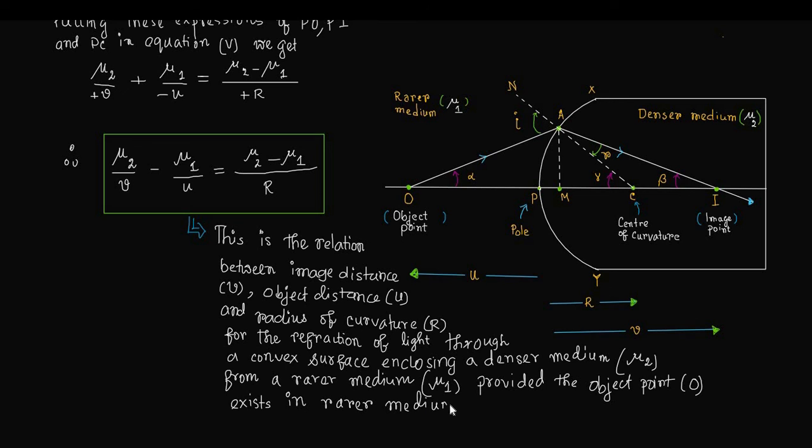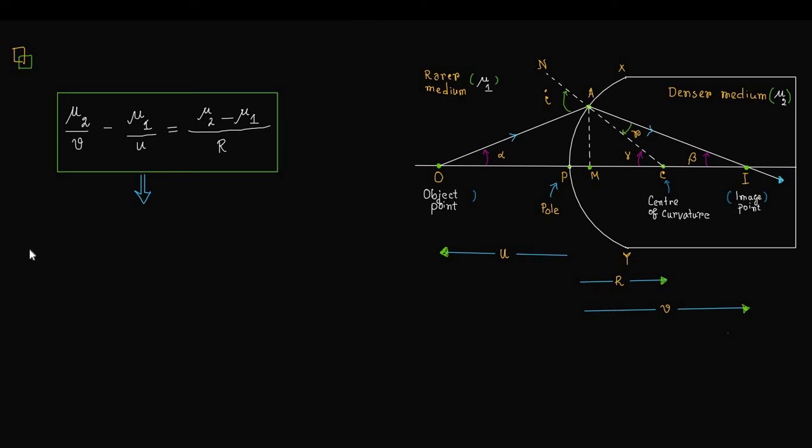The object point O exists in the rarer medium of refractive index mu1, and we get mu2 by V minus mu1 by U equal to mu2 minus mu1 divided by R.